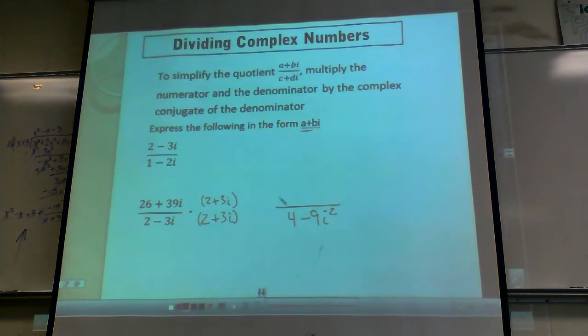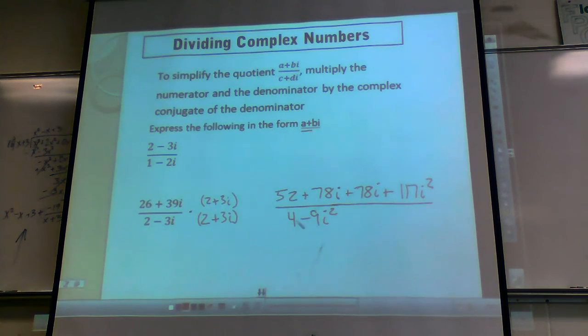And then on the top, you got 52 plus 78i plus 78i plus 117i squared.